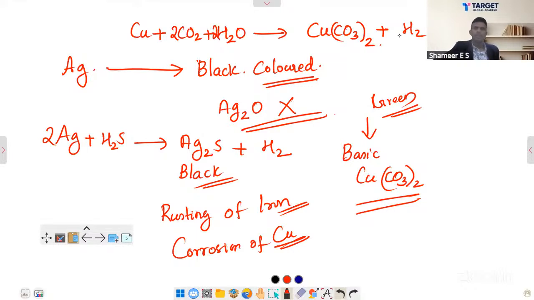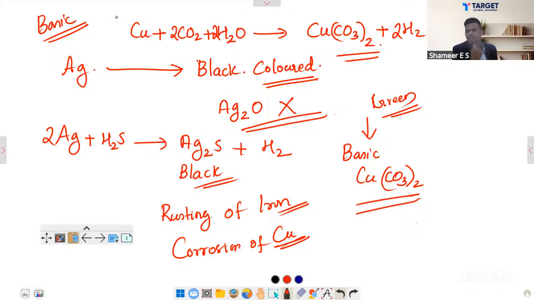Let it be 2, 2. Now it is fine. 2 carbon, 6 oxygen. So this is the formation of copper carbonate. It mostly happens due to the basic condition. This is the reason we rub acidic substances.